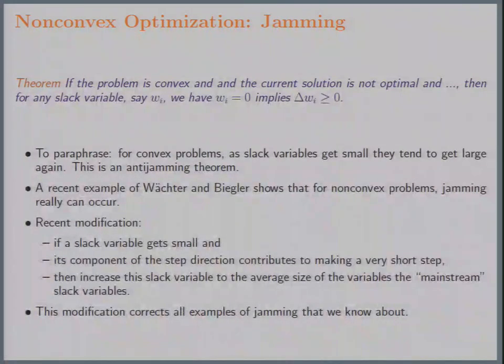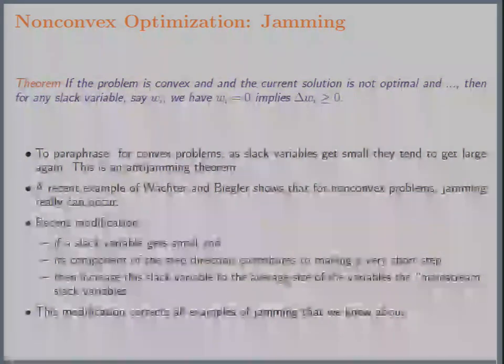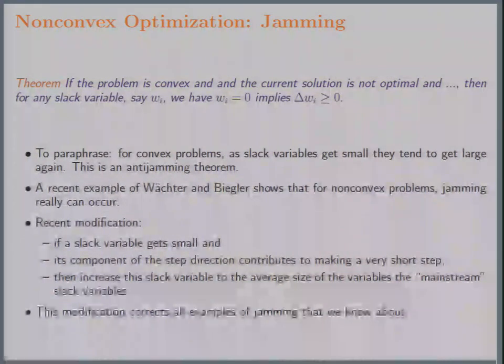So one of the changes I made to my code anyway is if a slack variable gets small, its component of the step direction contributes to making a very short step. So what we do is we increase the slack variable to the average size of the other slack variables. So we just change it.